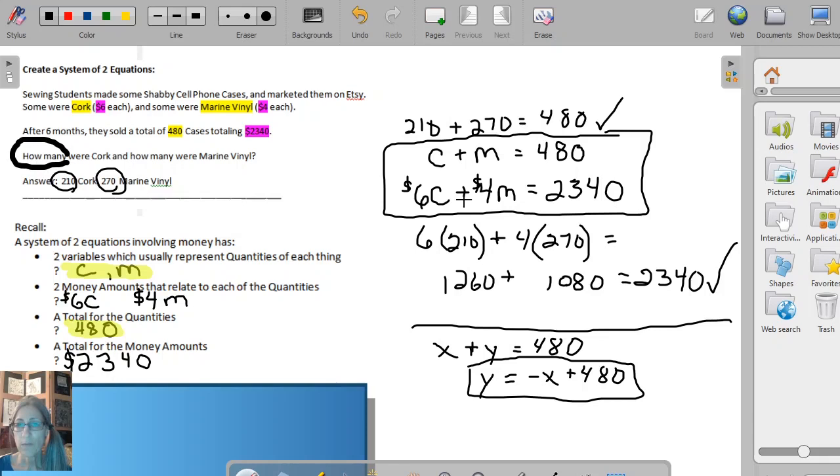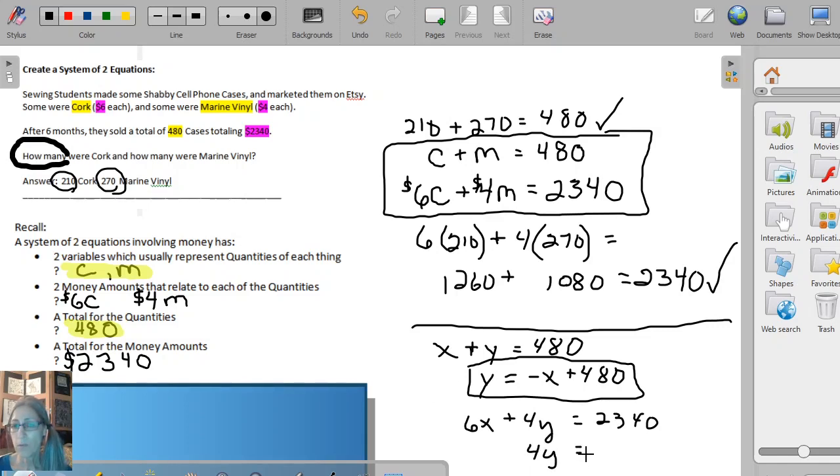And then for this one, let's try and simplify that. We'd have x and y, so we'd have 6x plus 4y equals 2340. And we want to get the y by itself, so we'd have 4y equals negative 6x plus 2340.